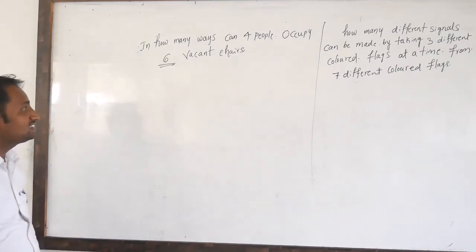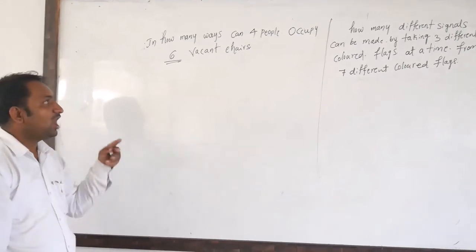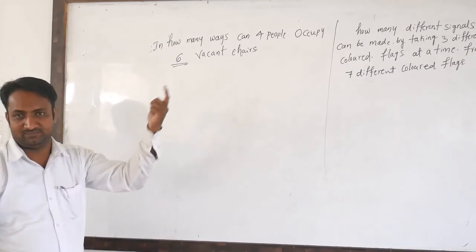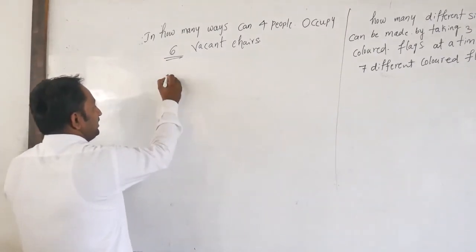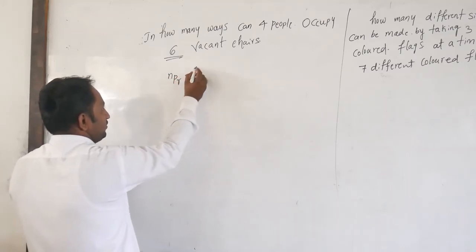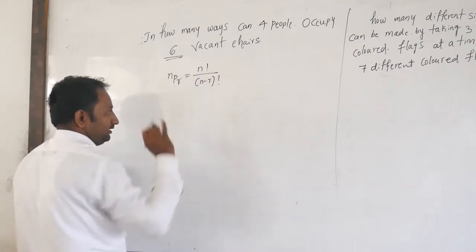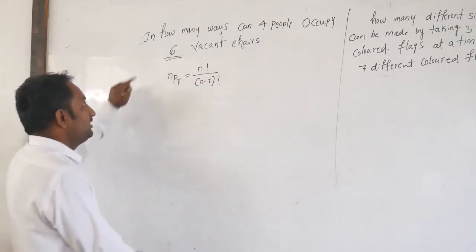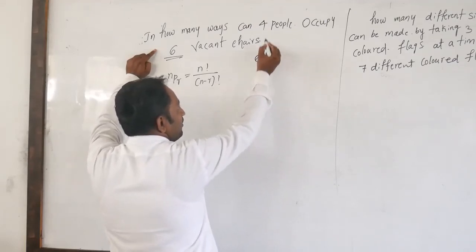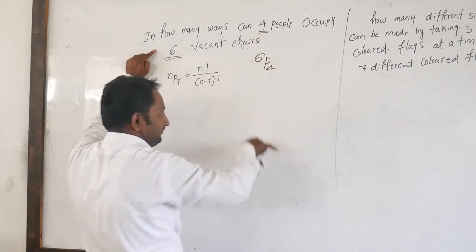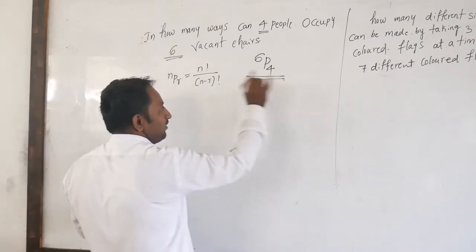There are 6 vacant chairs, in which 4 people are occupying. In how many ways can they occupy them? The total is nPr, which is equal to n factorial divided by (n minus r) factorial. Here we need to find 6P4.